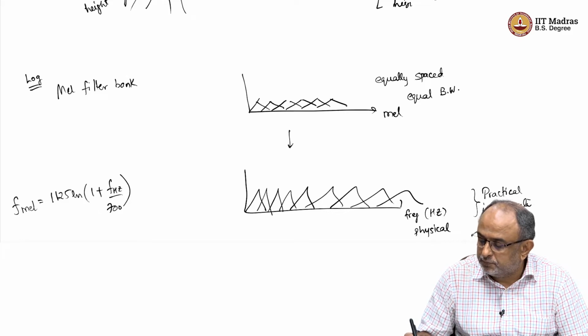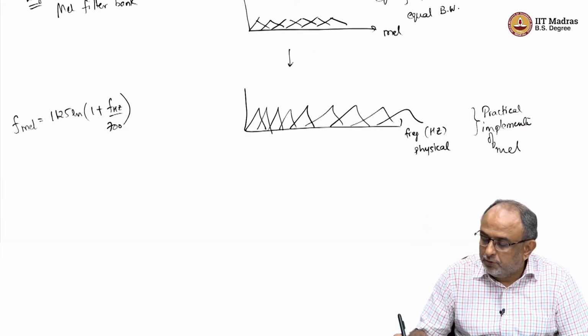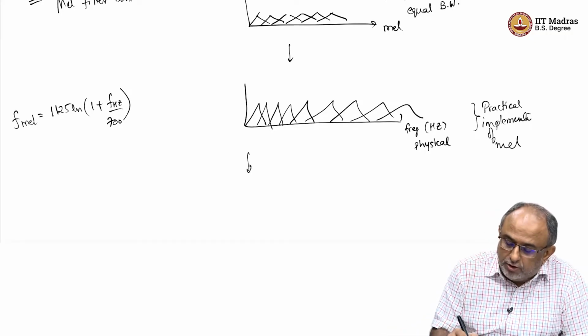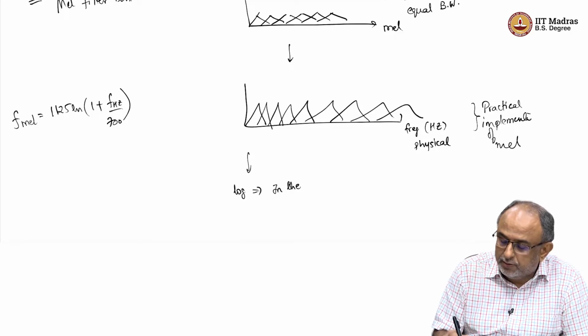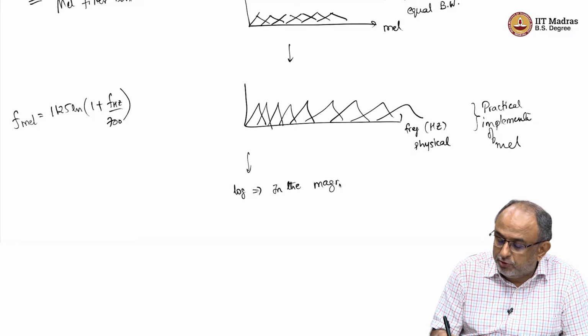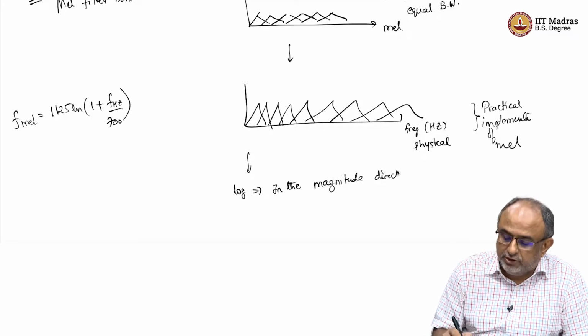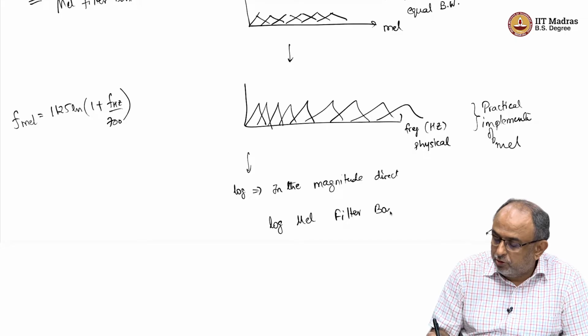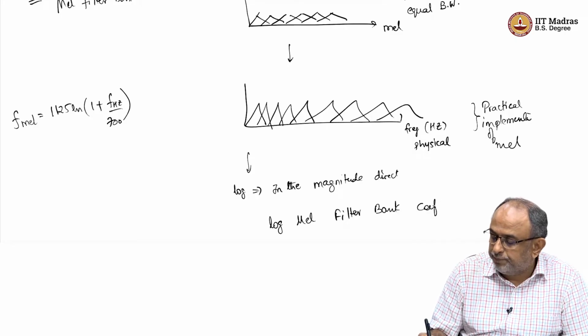Okay, and then we apply a log in the magnitude domain, in the magnitude direction, the y-axis. Yeah, okay. And so we get log Mel Filter Bank coefficients. Okay.